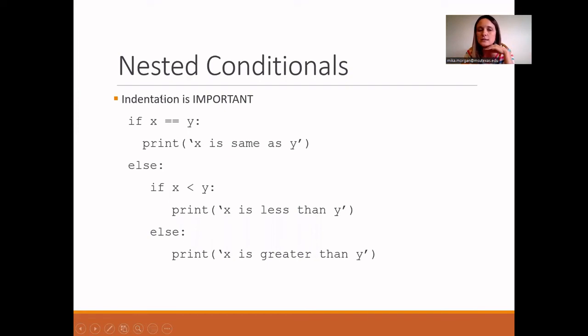No, false. Go to the else branch. Is 5 less than 7? Yes, true. Execute this line of code right here, this branch. So you can nest more than one conditional statement inside of each other. And in Python, the way you do that is by indenting multiple times.